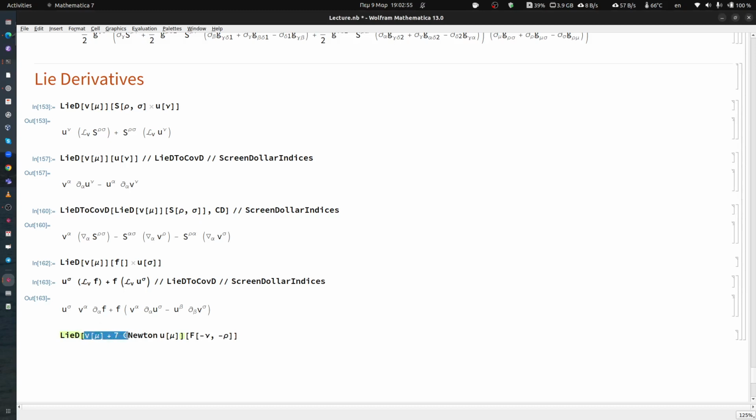You can use vector expressions for the vector with respect to which you are differentiating. And the basic properties of this, like linearity, are applied here, so that is Lie v plus a constant times Lie u.